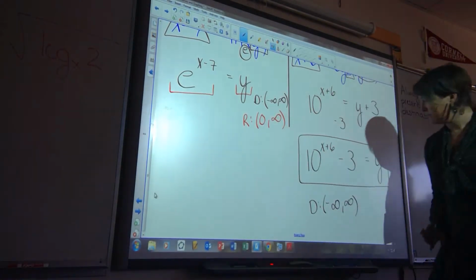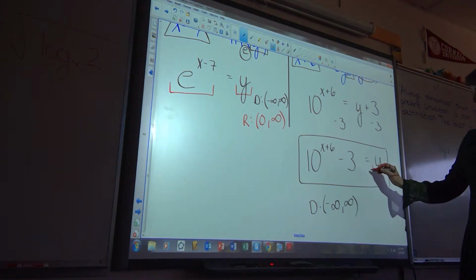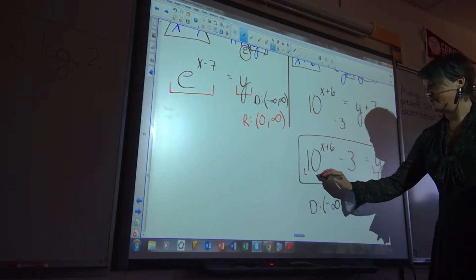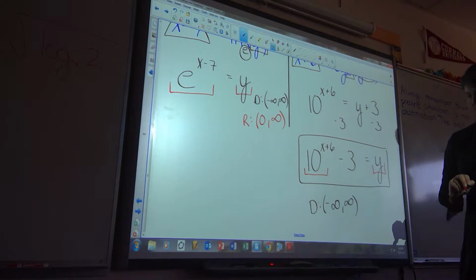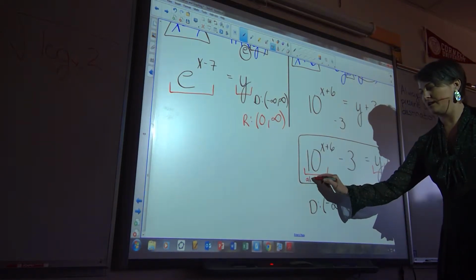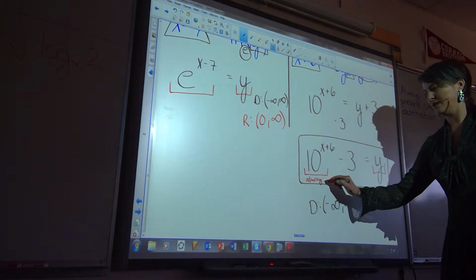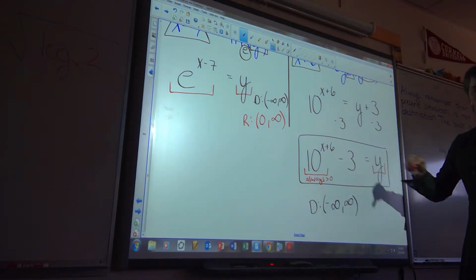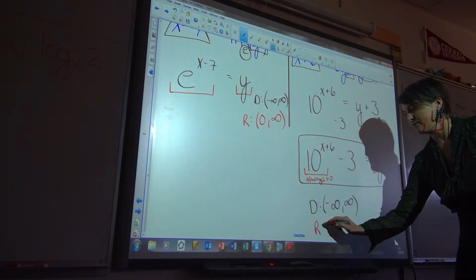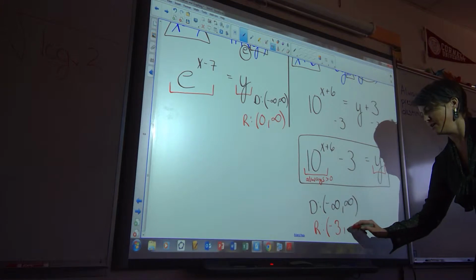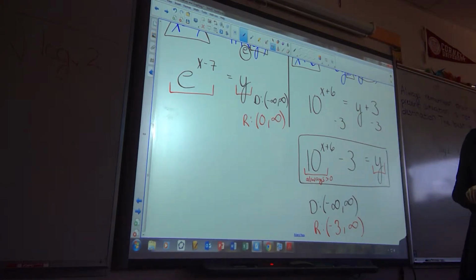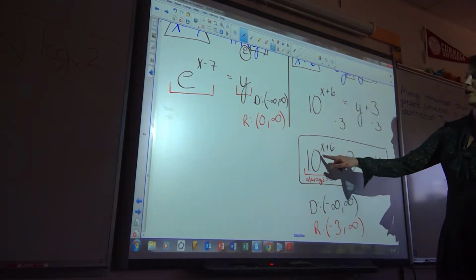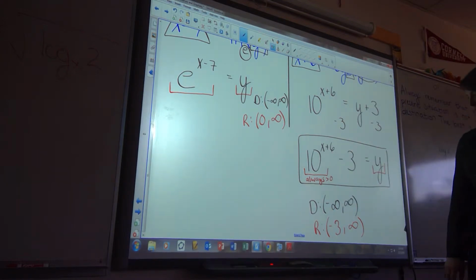Range will be harder, right? Because the y is equal to comes from this thing, take away a 3. Well, this part is always going to be greater than 0, but then we're going to take away 3. So my range is negative 3 all the way up to infinity. Because I'll start with a negative 3 and then I'll always add something to it, something that's positive.